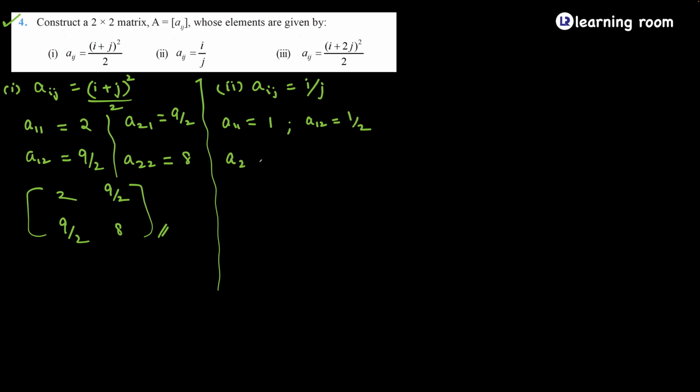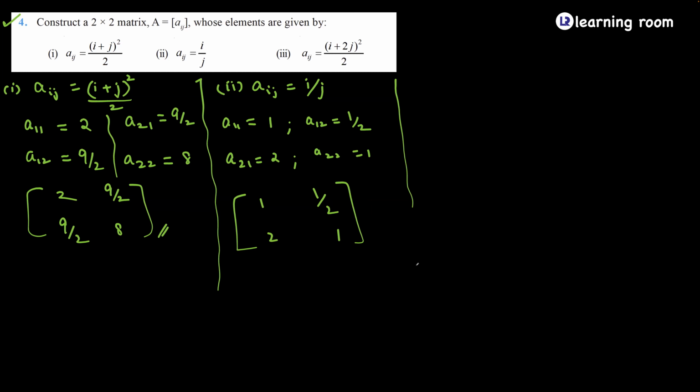What is A21? A21 is 2 by 1, which is 2, and A22 is going to be 1. So what are the elements? 1, 1 by 2, 2, 1. Right. So here if you observe, both were 9 by 2. Right here, 1, half, 2, 1.